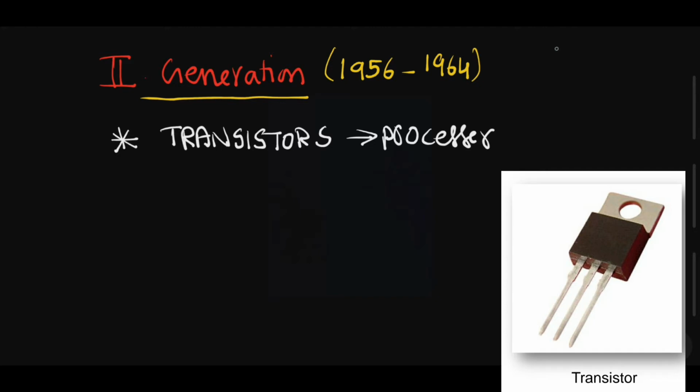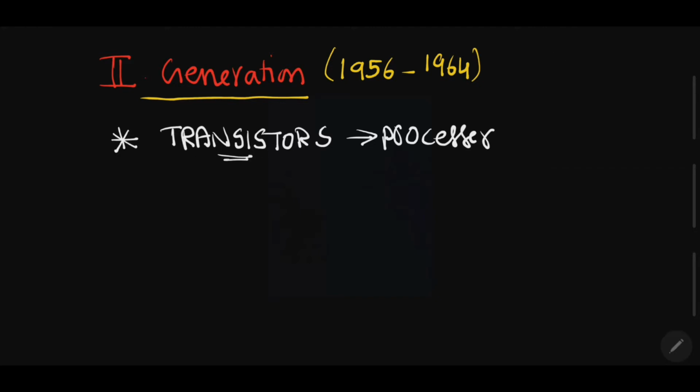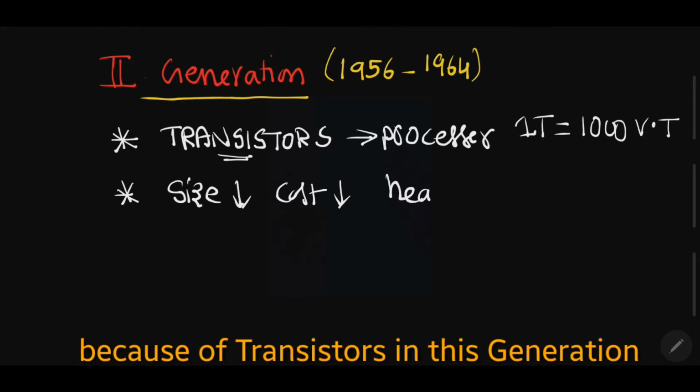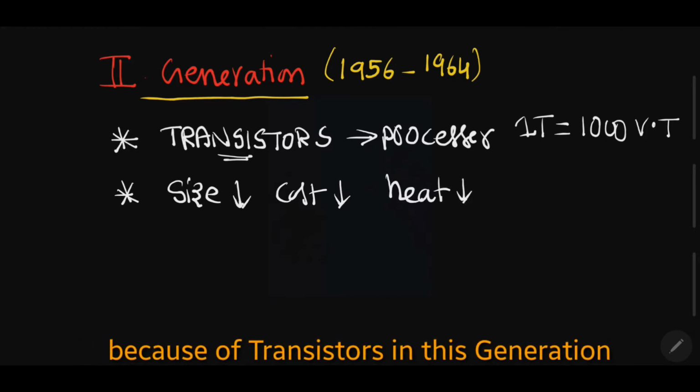To do any calculations in a computer, transistors are a must, and one transistor equals 1000 vacuum tubes. Because of this, the size is reduced, cost is reduced, heat is reduced.